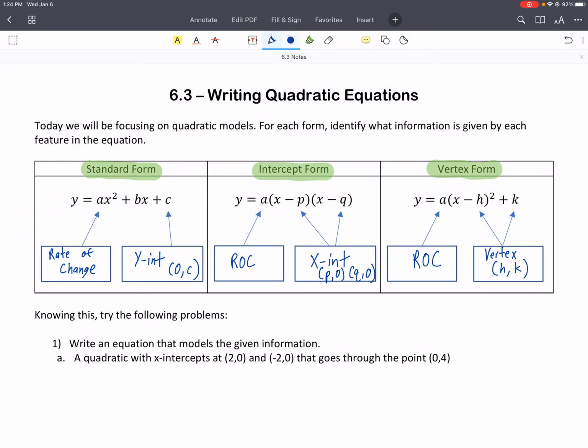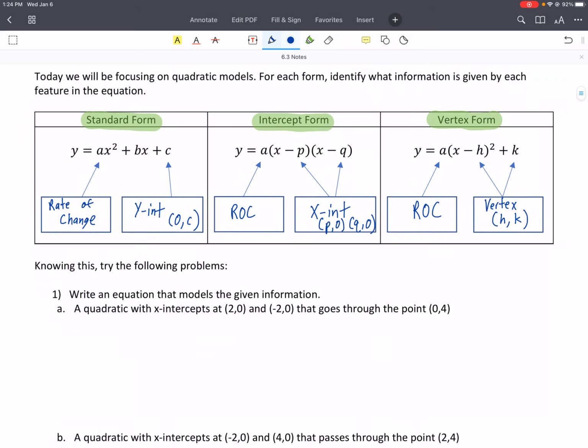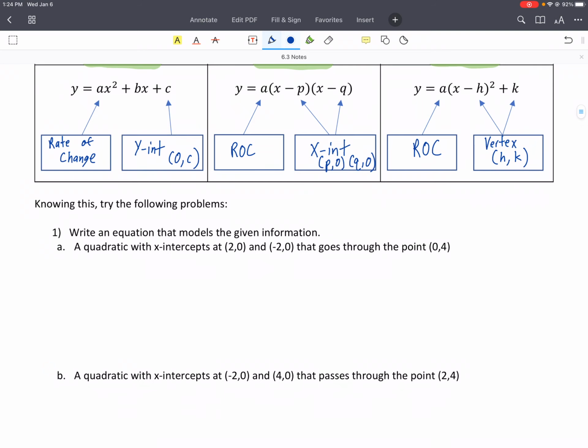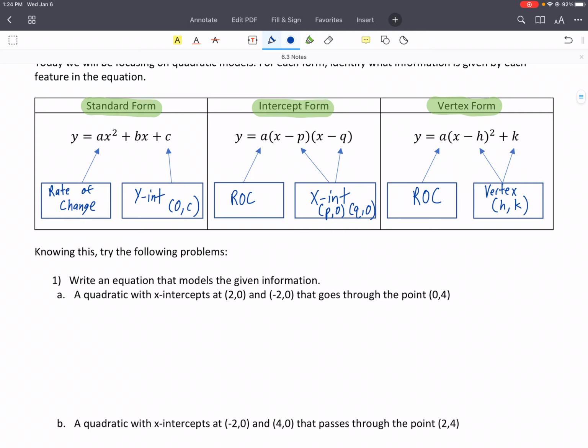So knowing this, let's go ahead and give these problems a try. Let's write an equation that models the given information. So here, a quadratic equation with x-intercepts at (2, 0) and (-2, 0), and that goes through a point. We're given x-intercepts, so we're going to use our intercept form, where y equals a times (x minus p) times (x minus q).